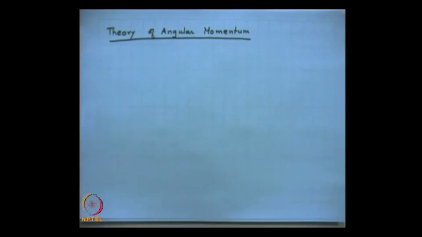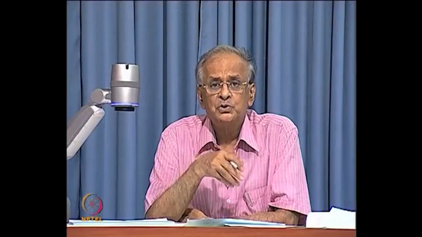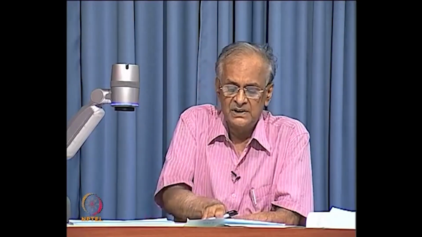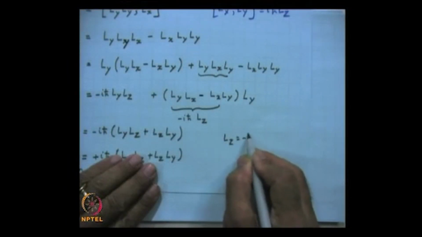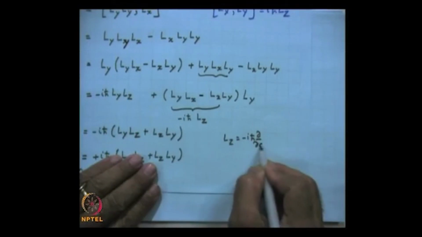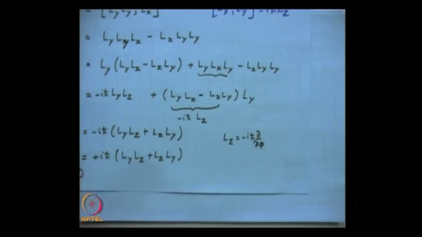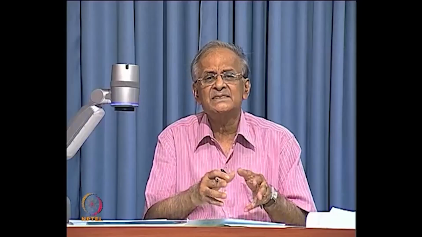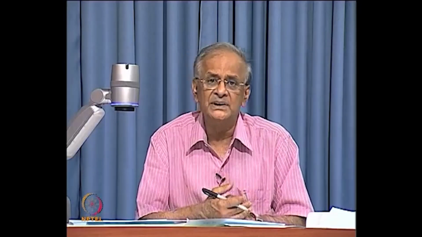We had earlier used differential operator algebra to write down the operator representation of the angular momentum operators. We had written that L z operator was equal to minus h cross delta by delta phi. Now we do not worry about anything. We just use the commutation relation, and in that sense it is slightly different from what we did earlier, and indeed we will get slightly different results.